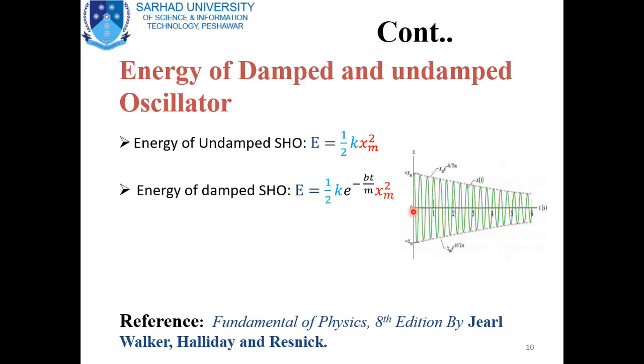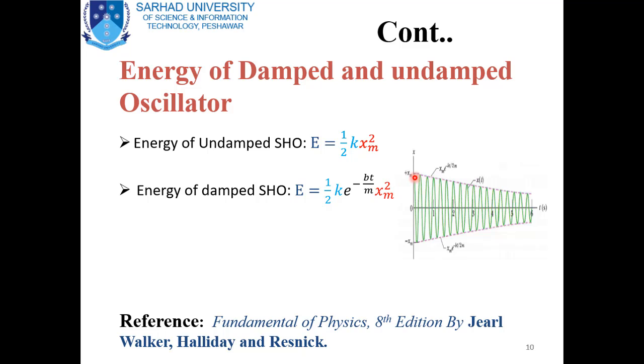From the figure it is clear that at t equal to 0, when the object starts from the maximum amplitude, as time goes on the amplitude will be reduced. So at t equal to 6 seconds, you can clearly see that the amplitude is much smaller than at t equal to 0, and this is the exponential decrease which is indicated by this negative sign.